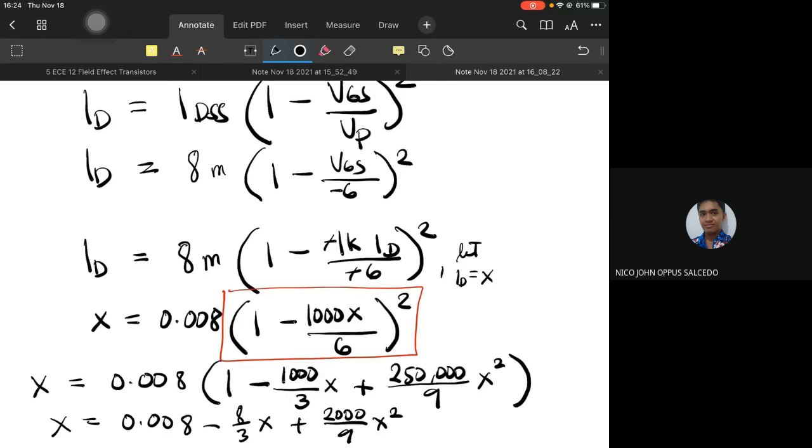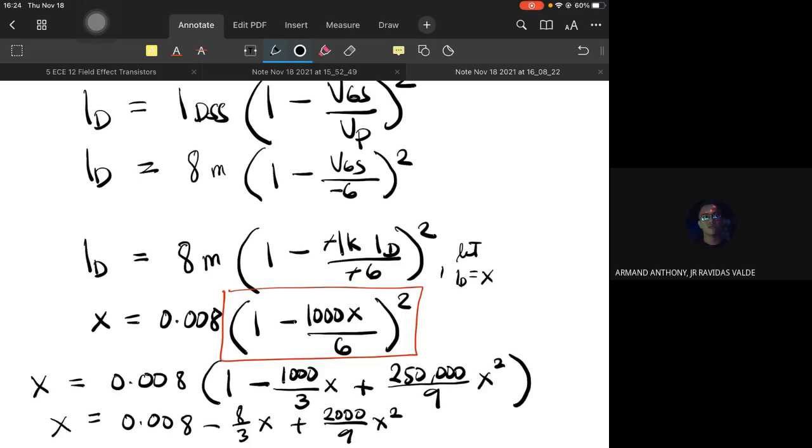But what I did was expand the squared expression to obtain the denominator, and distribute 0.008. Any questions so far on the algebra?